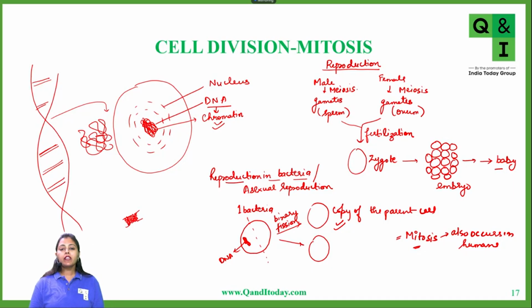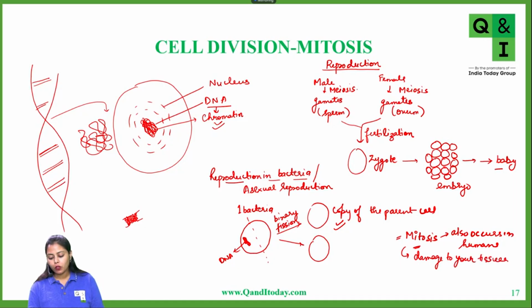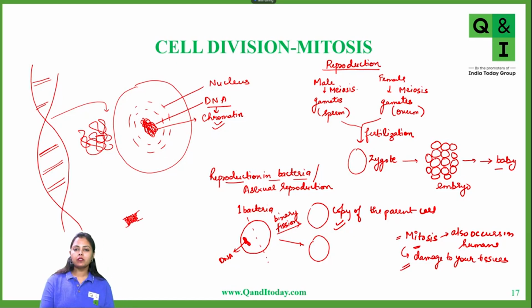So whenever you get any sort of damage to your cells or tissues, in that case there can be mitosis occurring. So that's the basic difference between mitosis and meiosis, and why cell division occurs.